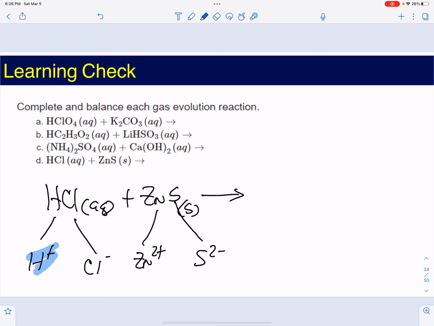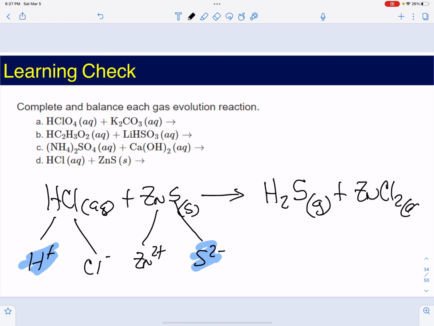The positive goes with the negative, and that's gonna give me H2S, which is a gas, and I get my zinc chloride by doing crisscross, Zn1, Cl2, and that's gonna be soluble according to the table.